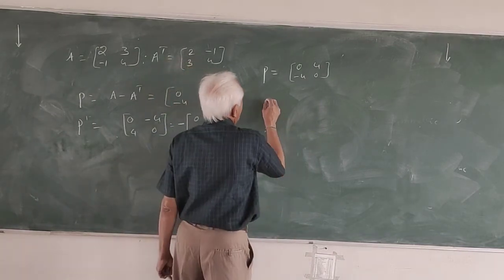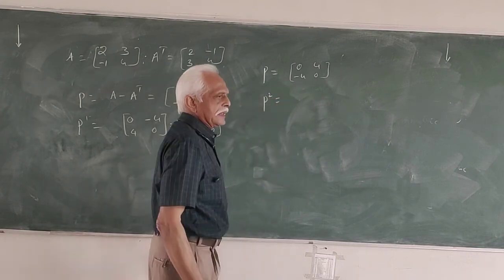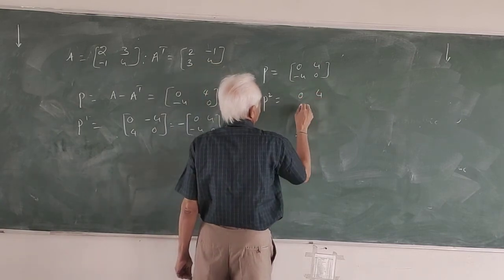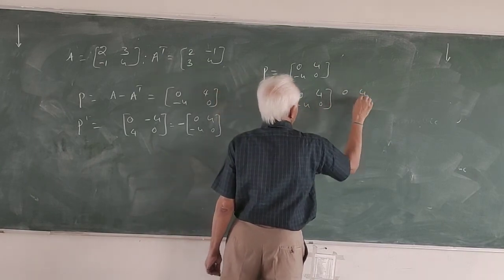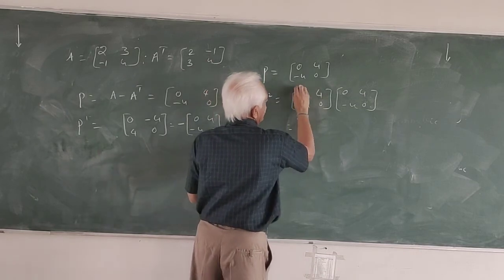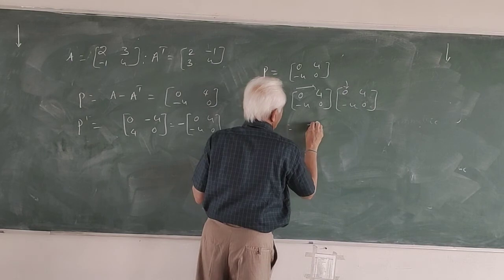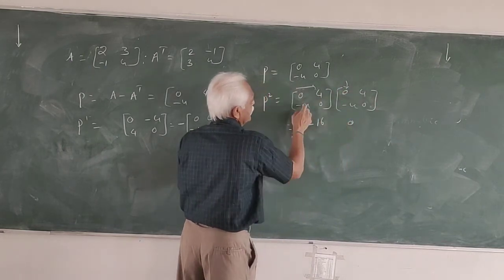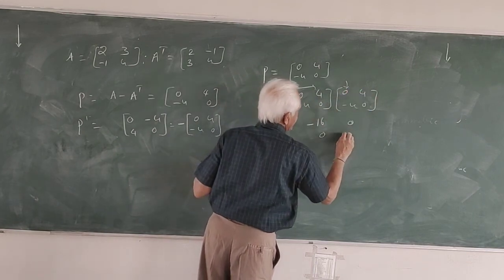Now, I take P square. P square means 0, 4, minus 4, 0 times 0, 4, minus 4, 0. What happens? This is 0 minus 16, which is minus 16, and 0, 0, 0, 0, minus 16.